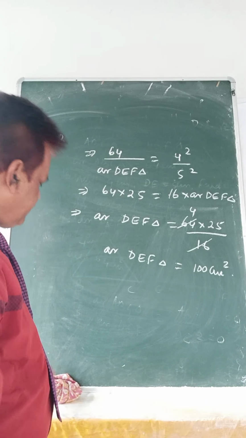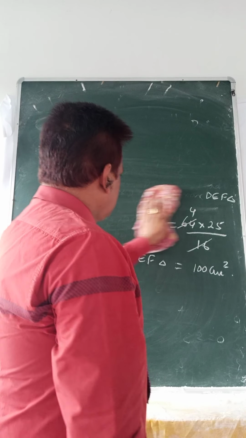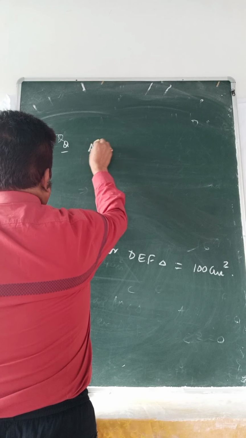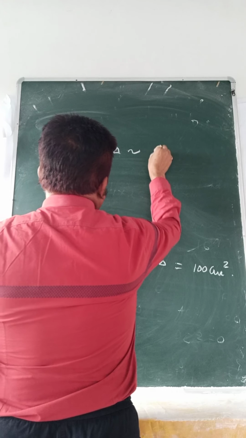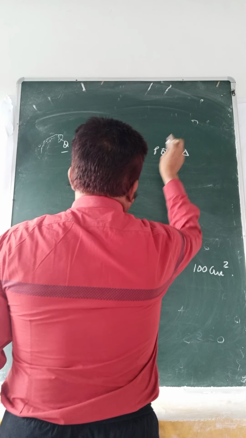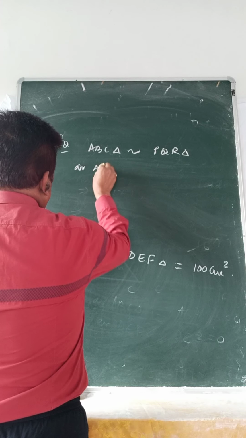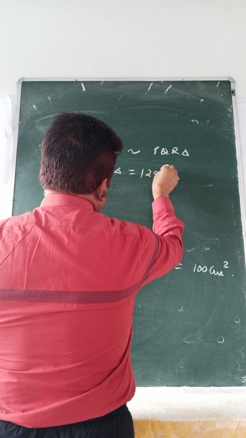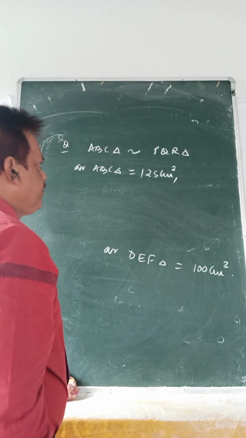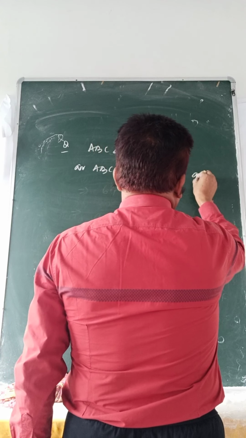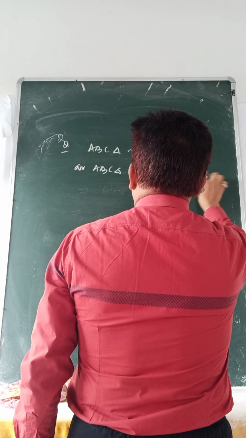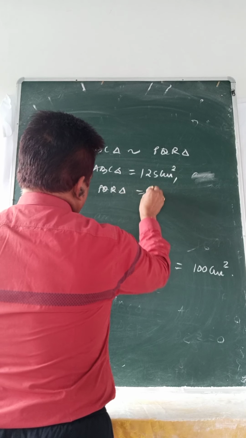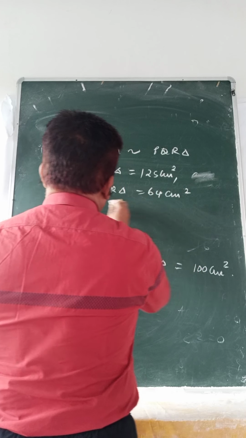Another pattern you can say. Another pattern is: ABC triangle is similar to PQR triangle. Area of ABC triangle is 125 centimeter square. Area of PQR triangle is 64 centimeter square.